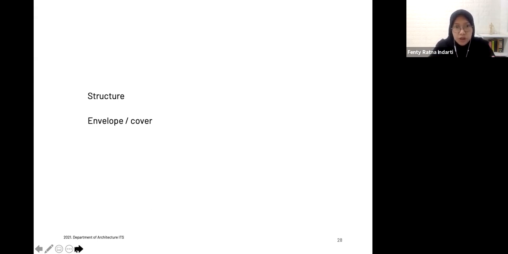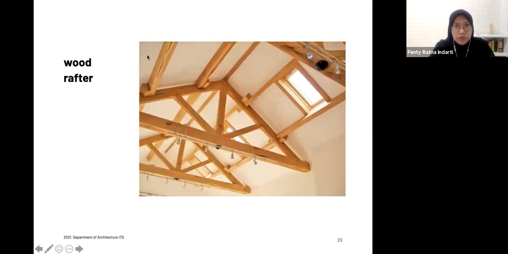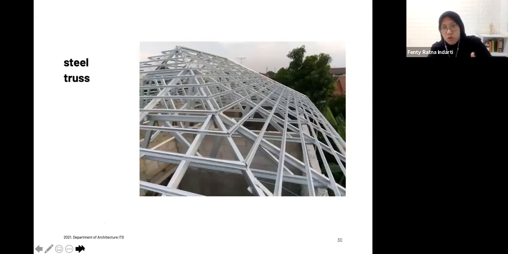For the structure itself, I have shown you in the previous lecture and your assignment, there is the wood rafter. This is the first material that is available in Indonesia, and also commonly found all over the world. Next, the more lightweight one is the steel truss.